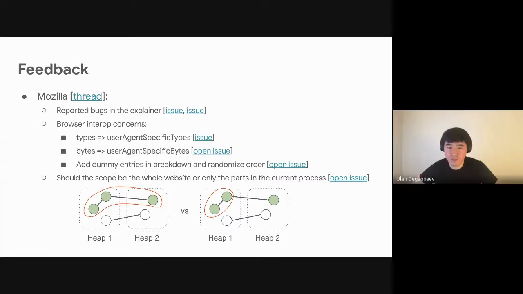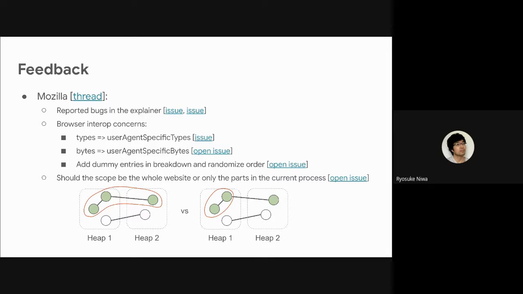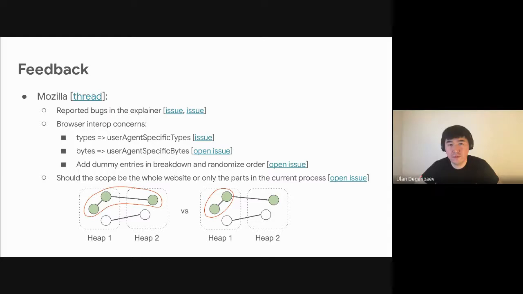Is that because of the information leak? I didn't understand the part about process separation. Because it would expose the browser's strategy for how processes are split.